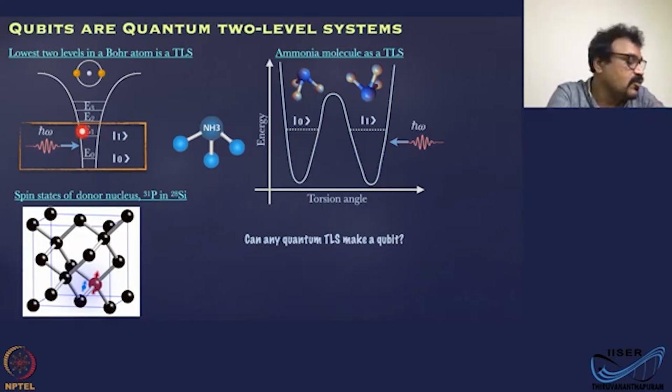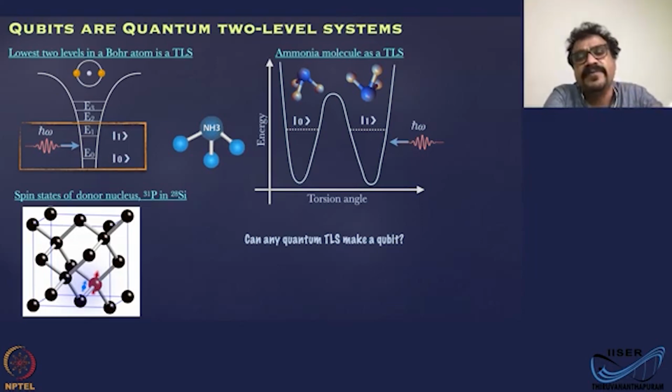In this case, these are two states with two different energies, and they are orthogonal. Here also these are orthogonal. And you can also transfer the state from one to the other by the application of radiation.